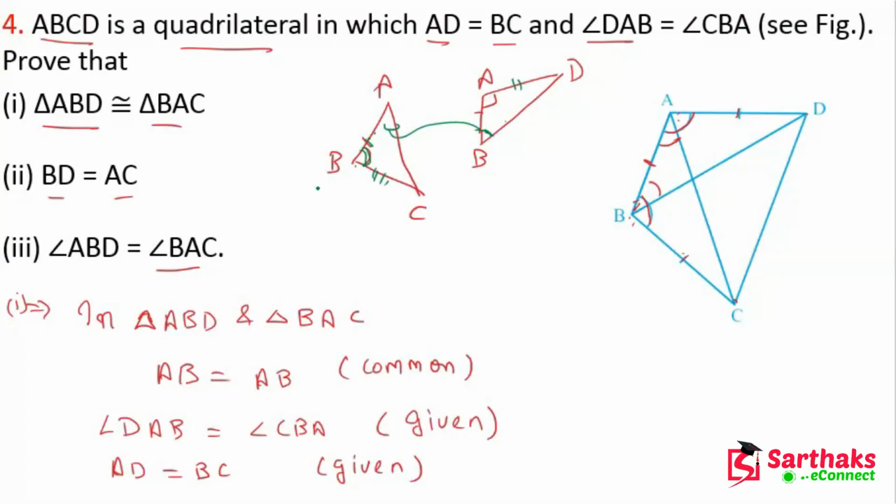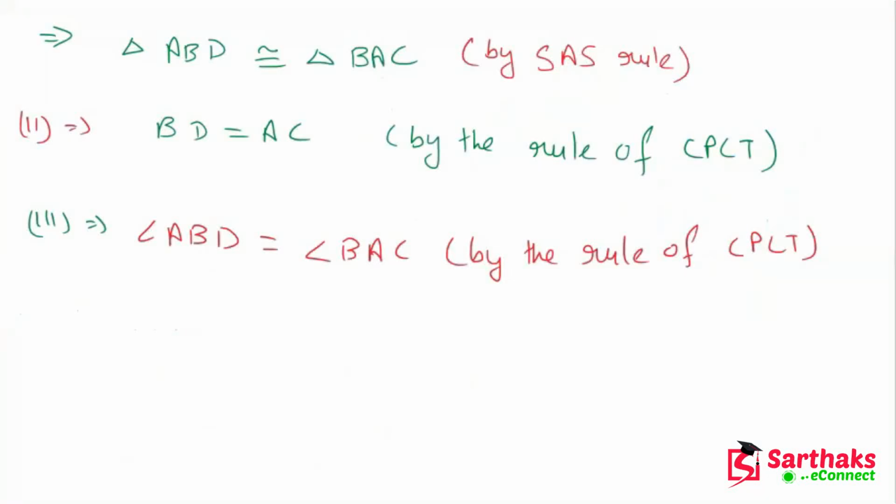So my dear friends, I hope you understand these things. I hope you understand the concept of congruency. What is congruency? When two figures are the same in shape and size, then we can say that these figures are congruent.